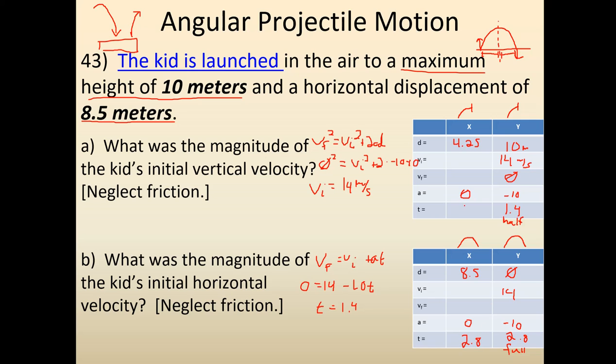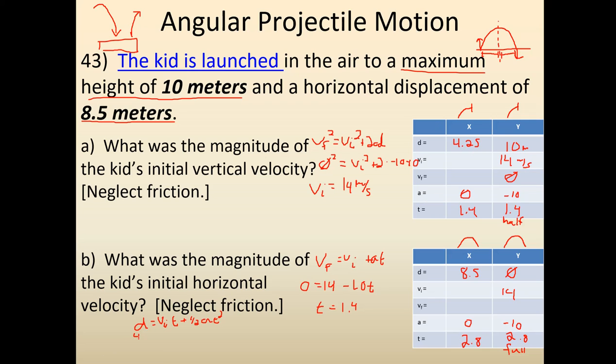And you can check this out, that if we use this divided by this or this divided by this in the magic D equation, which I'm going to have to do here, we'd end up getting the same velocity. So again, I'm using my first chart.